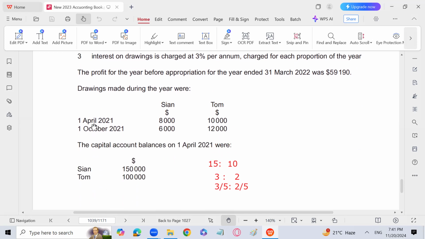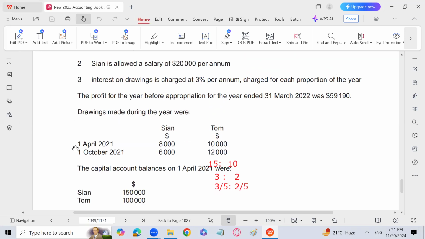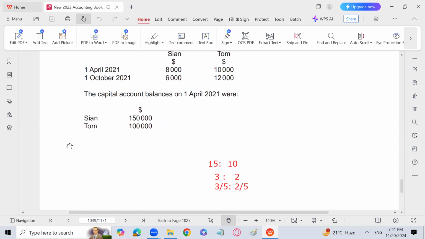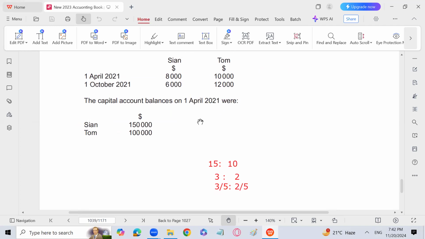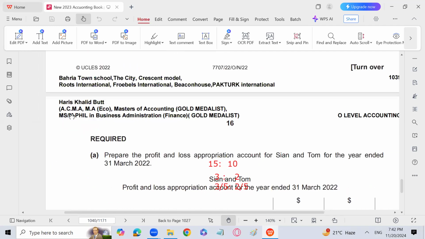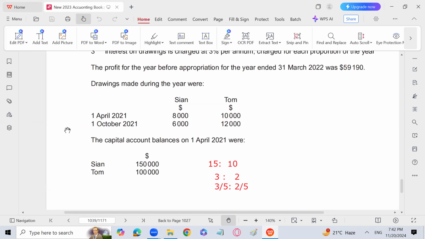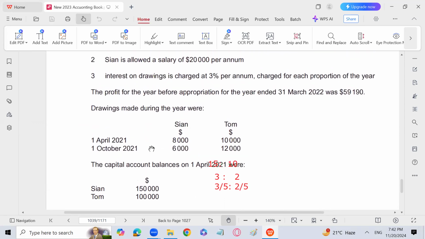Like 1st April onwards, drawings were 8,000 and for Tom is 10,000. But on 1st October, Sam has gone for more drawings of 6,000 and Tom has gone for 12,000. It means till 1st October, our year starts on 1st April 2021 and ends on 31st March 2022.